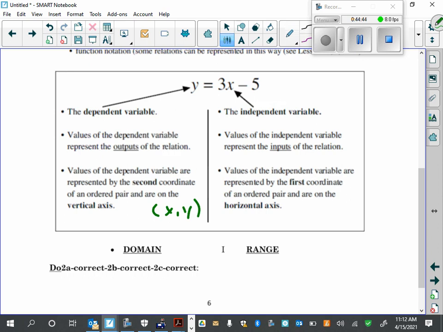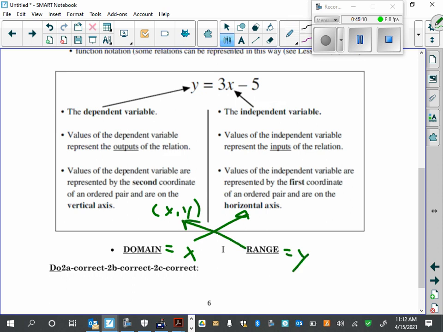Domain and range. Well, domain is the x. Let's put it here. Domain is the x, which goes on this side. Range is the y, which goes on this side.